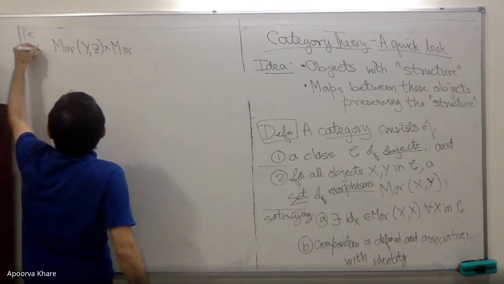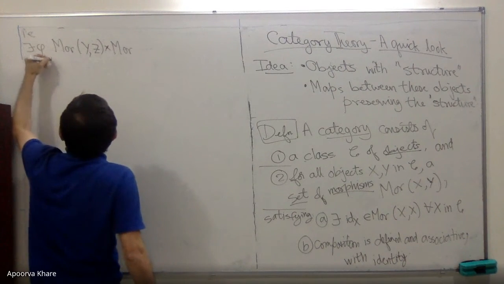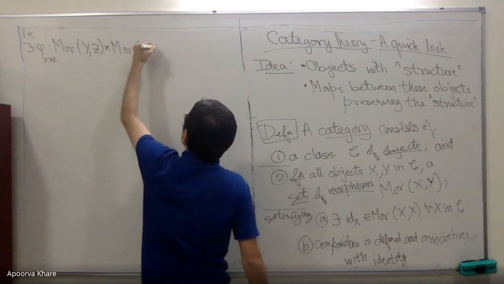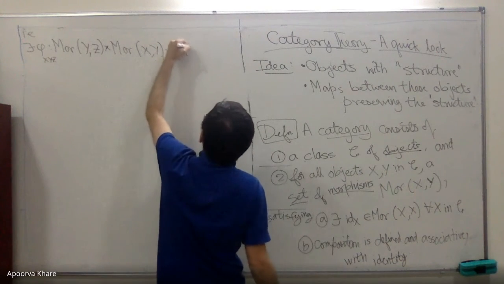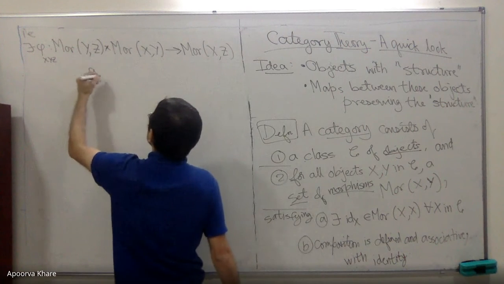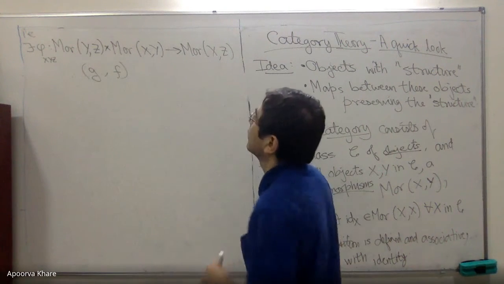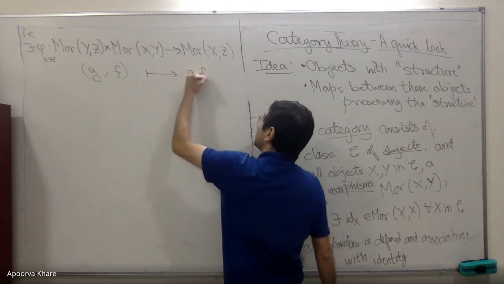Let's call them phi_{X,Y,Z}, from Mor(Y,Z) cross Mor(X,Y) to Mor(X,Z), sending (g, f) to, well, you can imagine: you first apply f and then apply g.